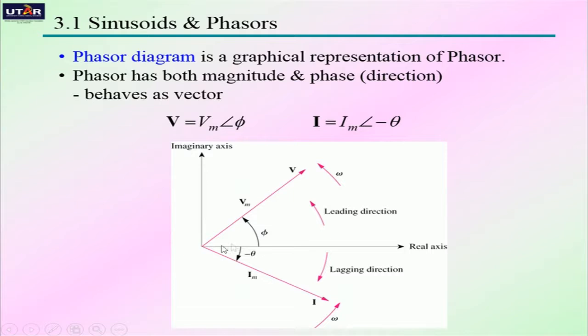It is the angle between the real axis and this diagonal line, which is the actual complex voltage or current in this case. So we can see that the voltage V is actually leading current I by phi plus theta.